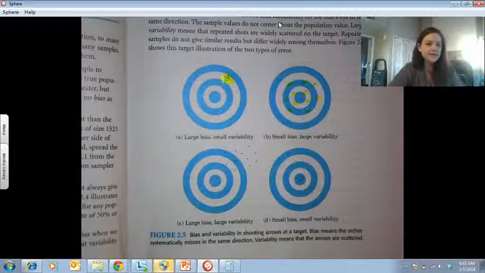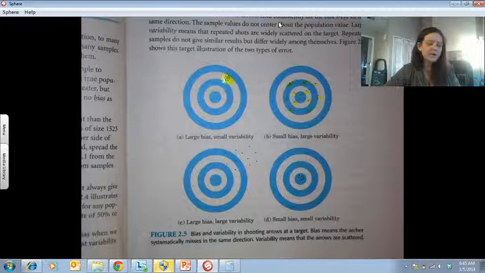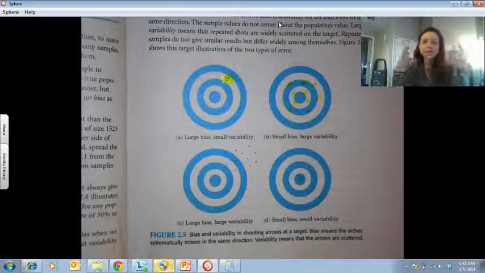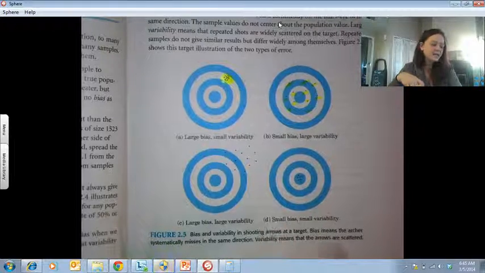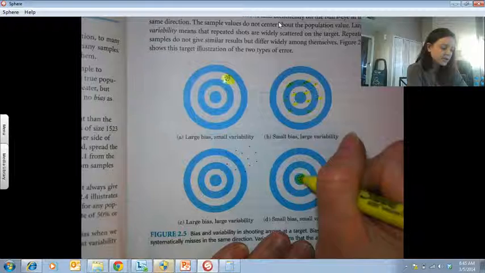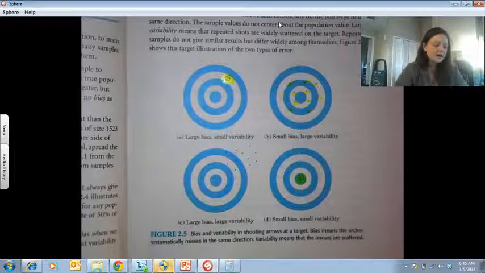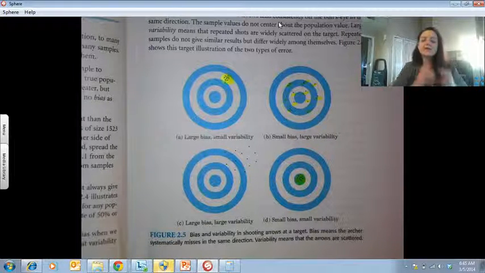Okay, the bias is large because it's all in the same direction again. Variability is large because the points are not packed closely together. And here, this is where you really hit your target when you're doing a survey, if you have small bias and small variability. So that means everything's in the center, there's no bias, and everything's packed closely together, so there's no variability.